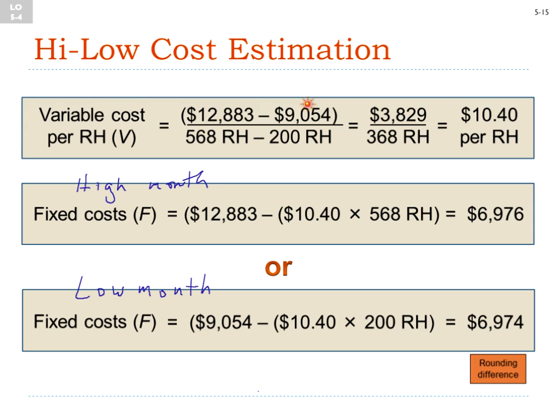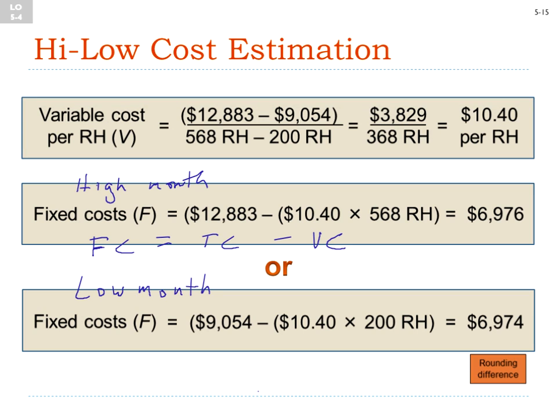Whenever we're trying to figure out fixed cost, we just take the total cost, subtract out the variable cost, and we get the fixed cost. And we can do that with the numbers from the high month, or we can do it with the numbers from the low month.